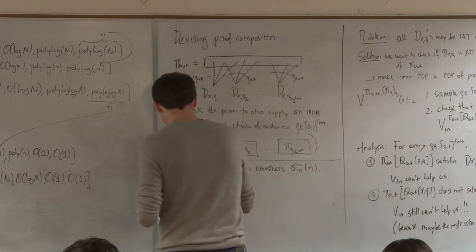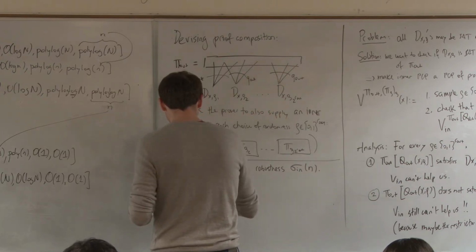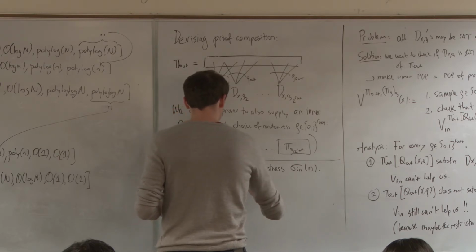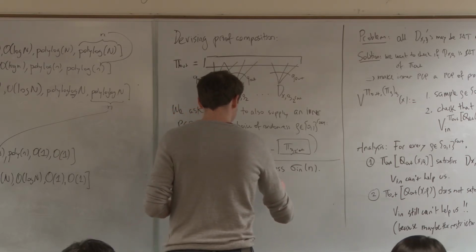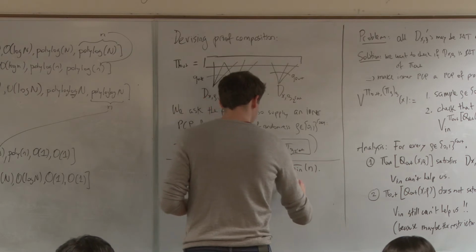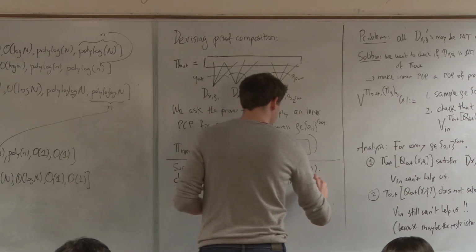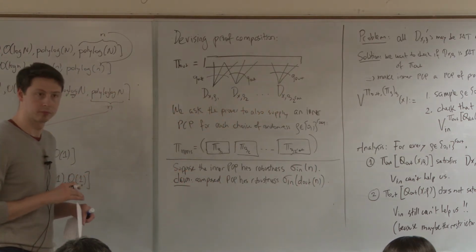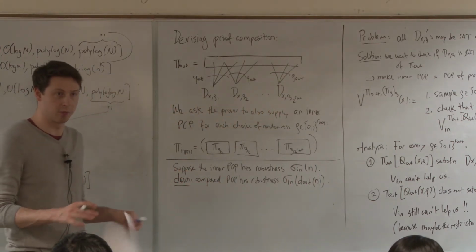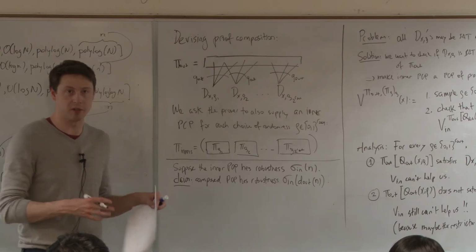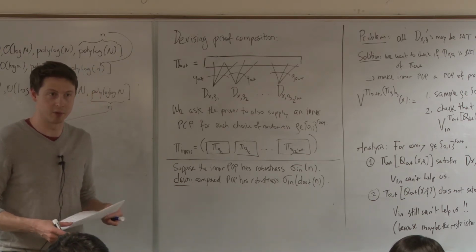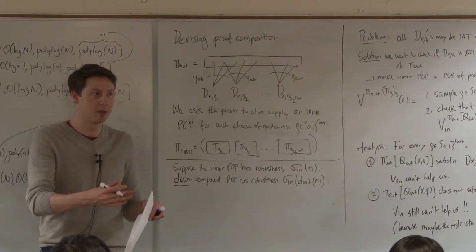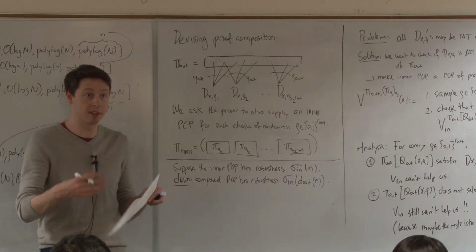The claim is that the composed PCP has robustness sigma in of d out n. Okay? Basically, it's preserved completely, right? So it's the same thing just on the instance size on which it's run, right? Because the composed PCP, whenever you pass it something of size n, what you're actually doing is running the inner PCP on something of size d out n, right?